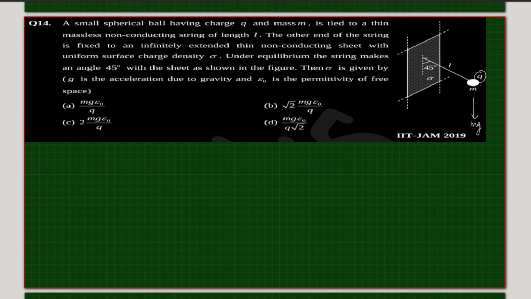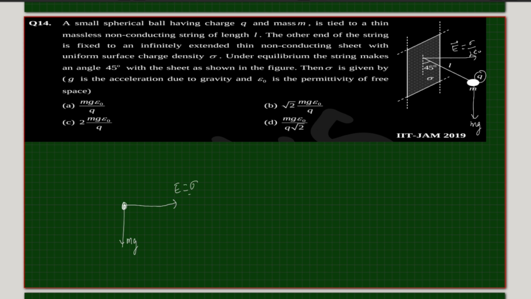the electric field due to this sheet will be in this direction, E equals sigma over 2 epsilon naught. So on the mass, this is mg, and the electric field is in this direction.